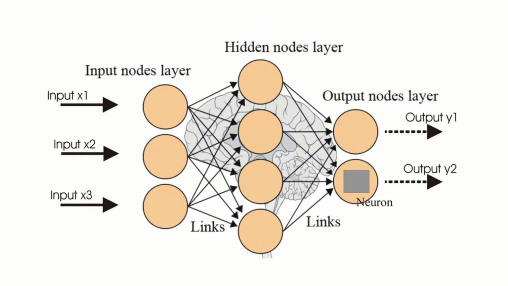Now, ideally, this is a typical diagram of a network architecture. As you can see, there is an input and then there is an input nodes layer. With the help of this input nodes layer, the data is fed to the architecture, and then there are certain hidden layers. The entire process of feature extraction takes place in the hidden layers.